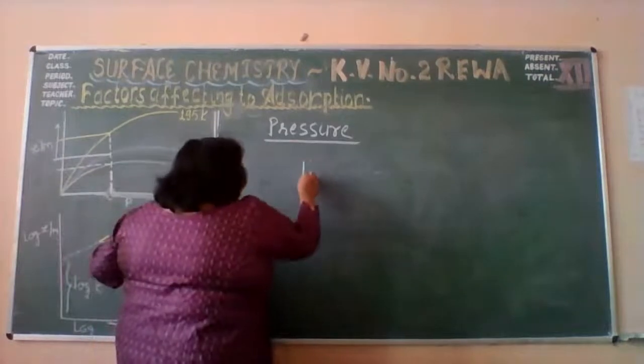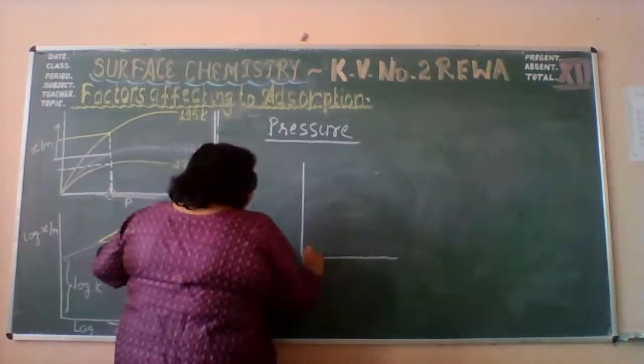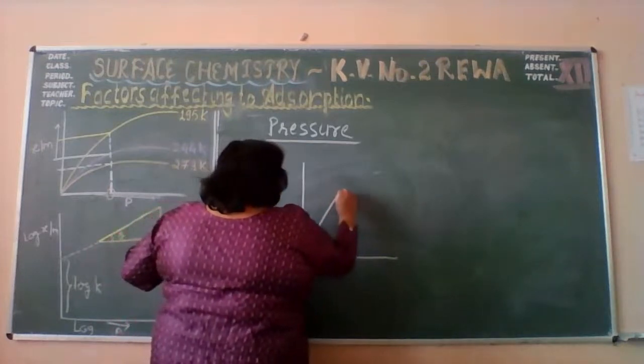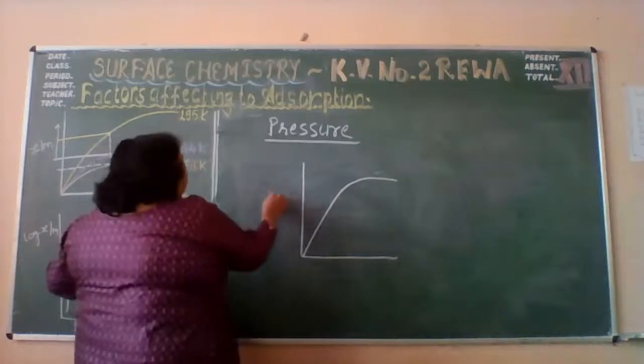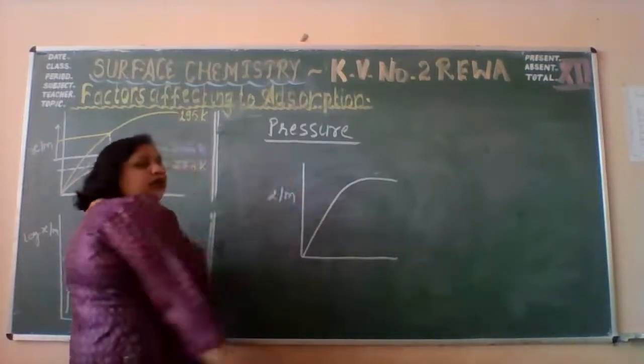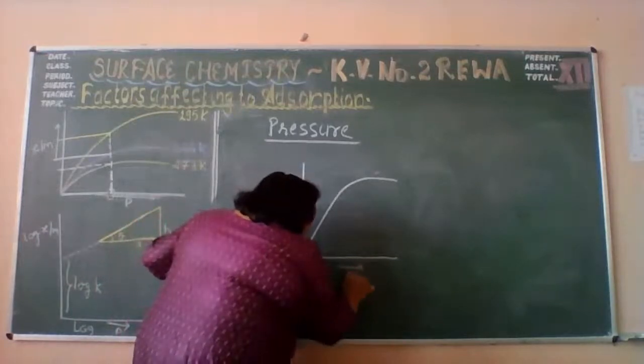Please see the graph now, you will understand the things better. I'm plotting it to the front. This kind of graph you obtain when you plot a graph of x upon m versus the pressure.